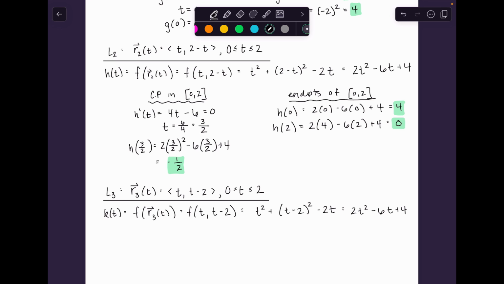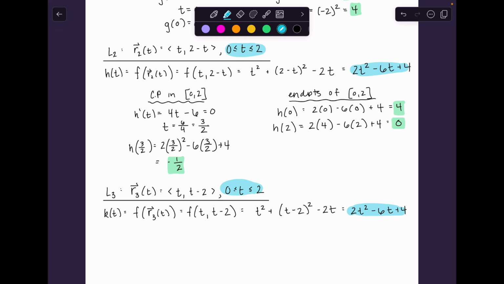So at this point, you absolutely could go through, take the derivative, find the critical points, and then test the endpoints. However, because these are exactly the same and exactly the same t values, it does not offer you anything new. You're going to get the same critical value inside the interval, and you're going to get the same value when you evaluate it at the endpoints 0 and 2.